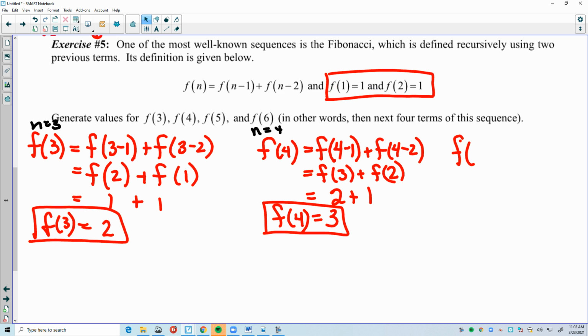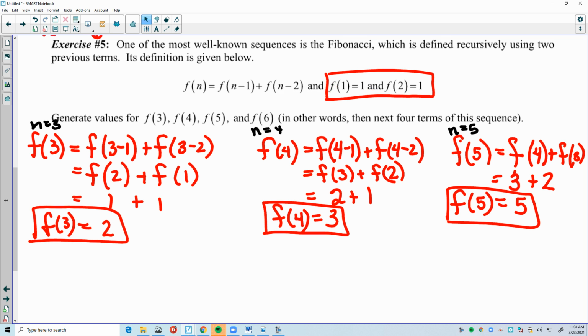So let's try f of 5, and then maybe we'll take a shortcut for f of 6. So again, n is 5. Saying we want to find f of 5 minus 1 or 4 plus f of 5 minus 2 or 3. So again, in order to find the fifth term, I need to add the 2 previous terms. So my fourth term is 3, my third term is 2, and if I add those up, I get 5.